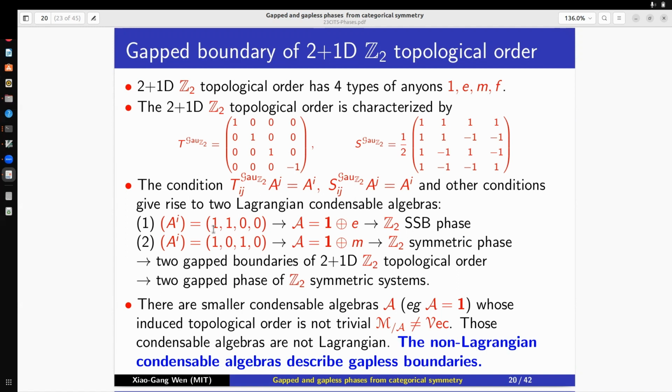But when you stack another gapless system, that means it's not minimal, so it's extra. So you need to find the minimal one. We hope that once you specify what condenses on the boundary, if it is not the maximum condensed algebra, and then you ask what is the minimal gapless boundary, maybe there's a unique solution.